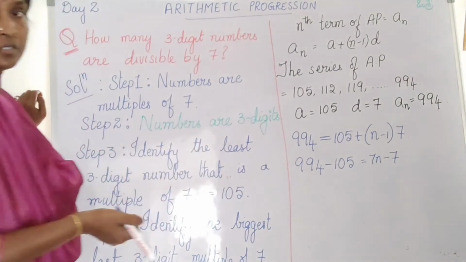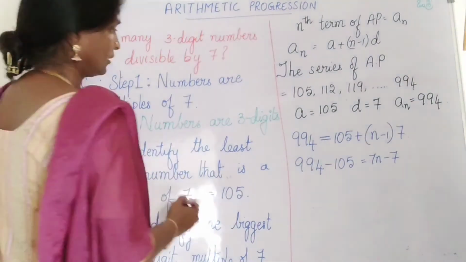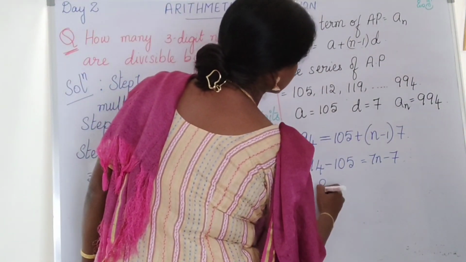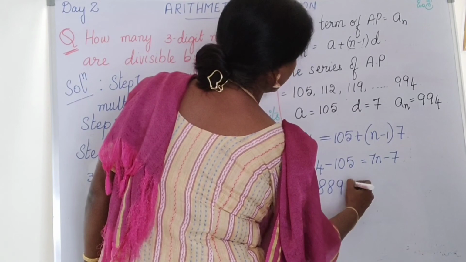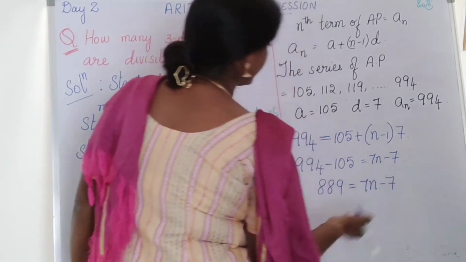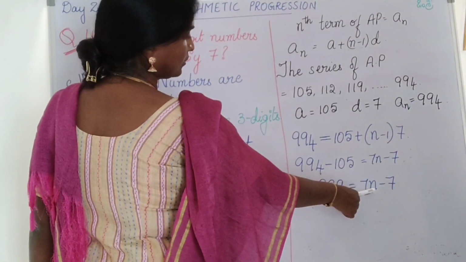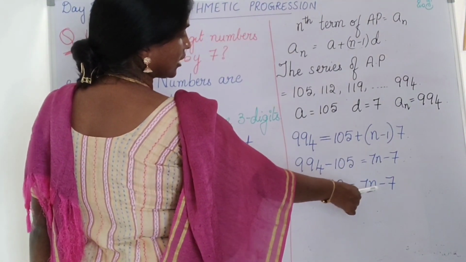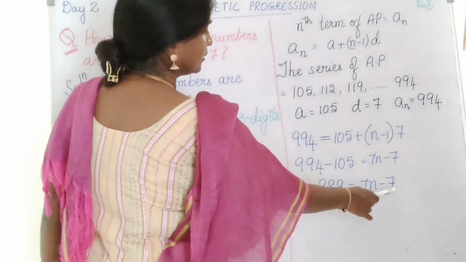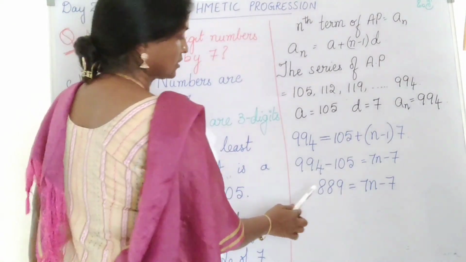So here when you are subtracting the numbers, what is the answer that you get? 889. So 889 is equal to 7n minus 7. Again, to get the value of n, that is a variable, this minus 7 will be transposed to LHS.